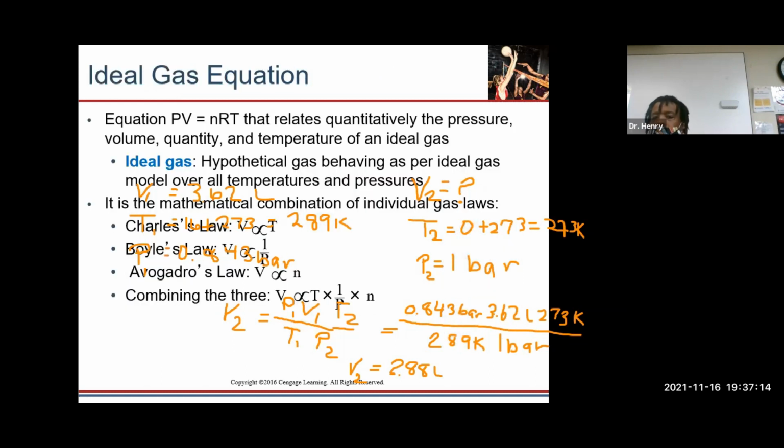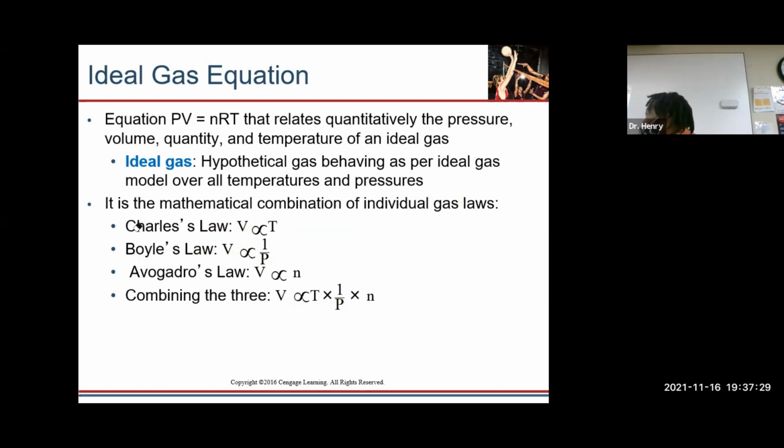So from that, again, we were able to get the ideal gas law. Now, the ideal gas law allows us to get to each of the different gas laws. We're able to figure out Boyle's Law, Charles' Law, Avogadro's Law, and the combined gas law. Okay.